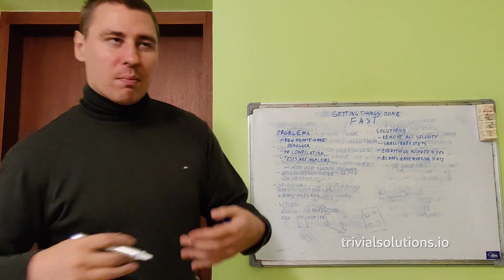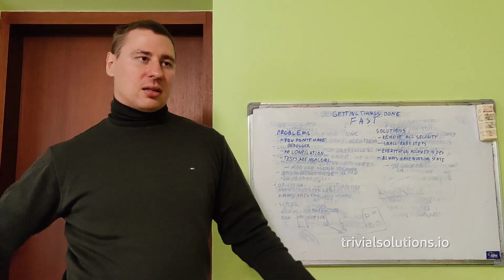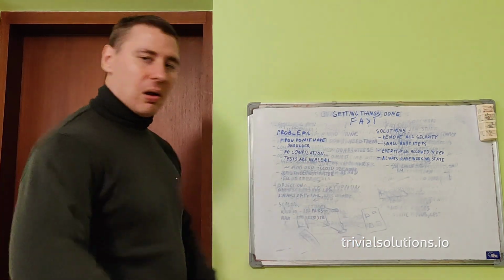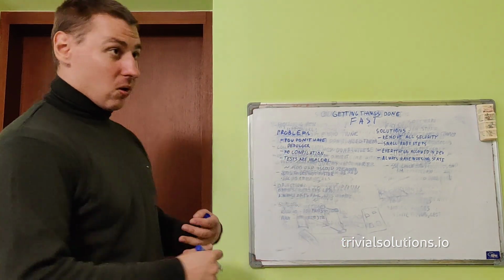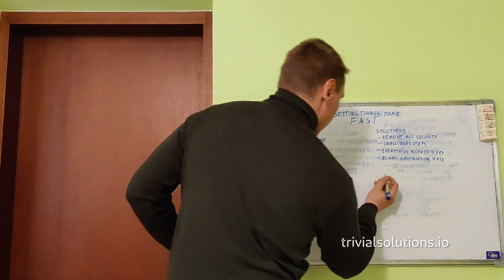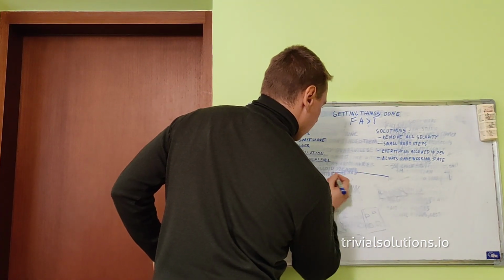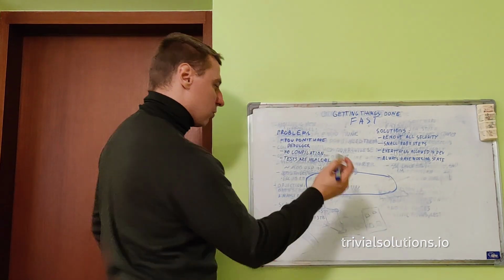I'll demonstrate the workflow. Say you need to build an infrastructure. Say you're building a Nomad cluster with Vault, with Consul, all the good stuff, and you want security, ACLs, and everything. There are two ways you can achieve this. You can do everything at once. Say you provision with Ansible.